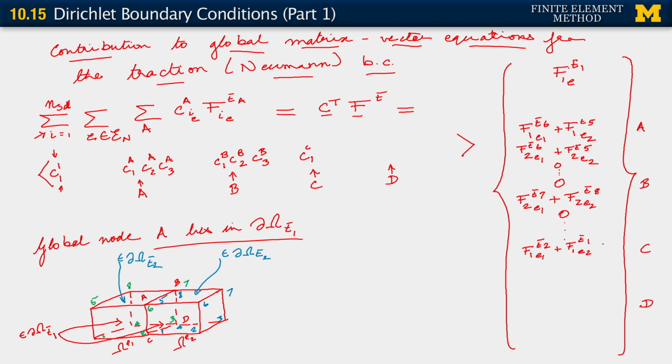Now as I've drawn it for global node C, there are no other traction boundaries that contain that node.